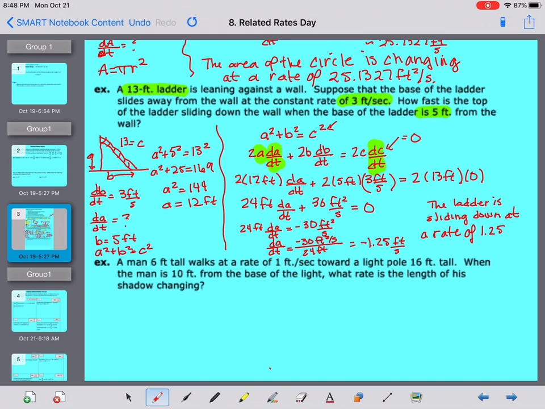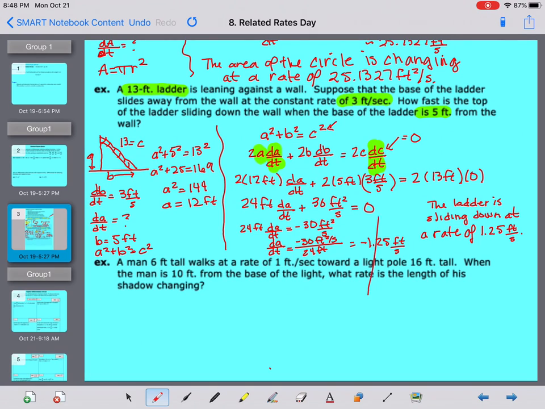We're going to describe it as 1.25 feet per second. Remember, sliding down implies that the length is decreasing. So we don't want to say decreasing and then also give a decreasing rate. Okay, so that's kind of how we deal with that type of problem.